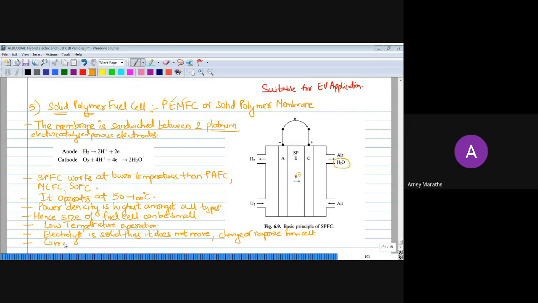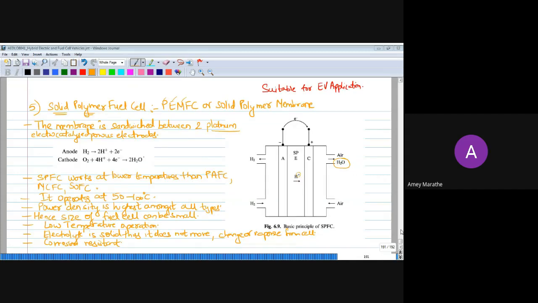So it is corrosion resistant, because the only liquid present here is water, and any possibility of corrosion is eliminated. The only disadvantage which this fuel cell has is it uses platinum. Again, platinum is expensive.